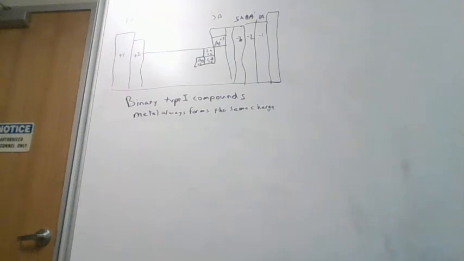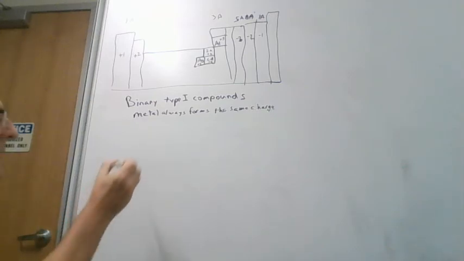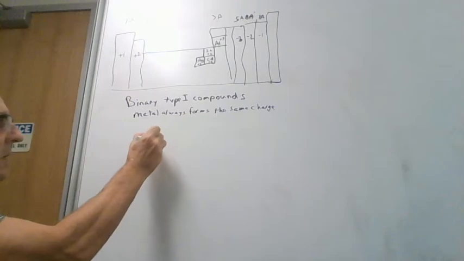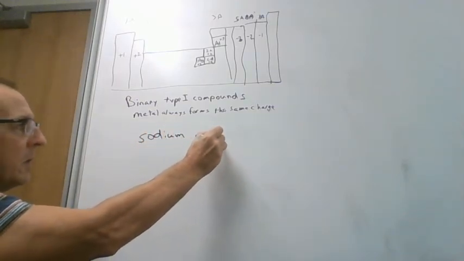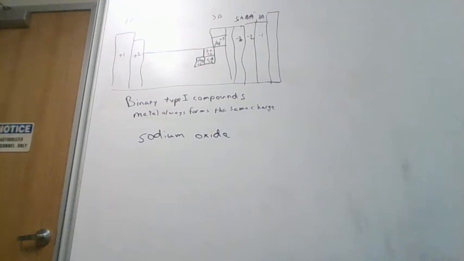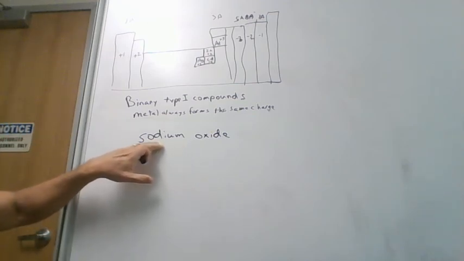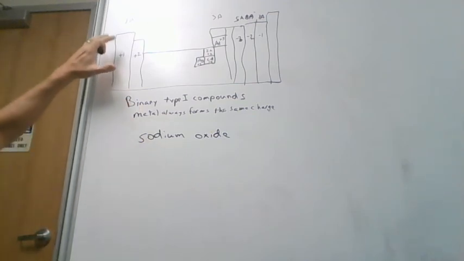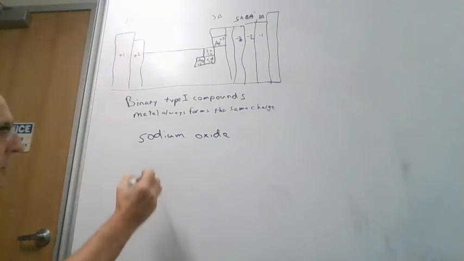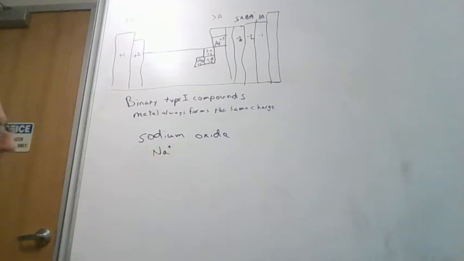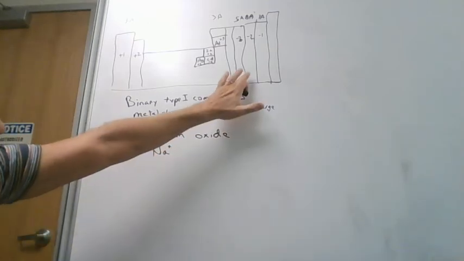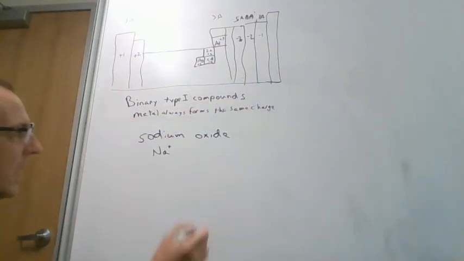If we take a compound like sodium oxide, our metal is sodium, so this is a type 1 because sodium is in group 1. The cation that sodium forms has a +1 charge. And oxygen is in group 6A, so it forms a -2 charge.